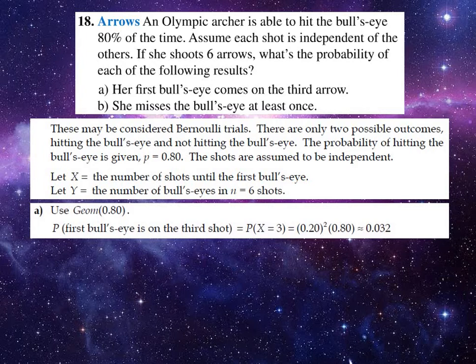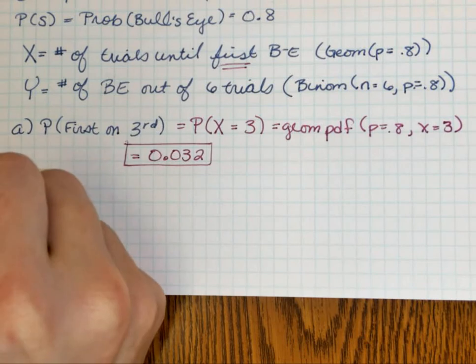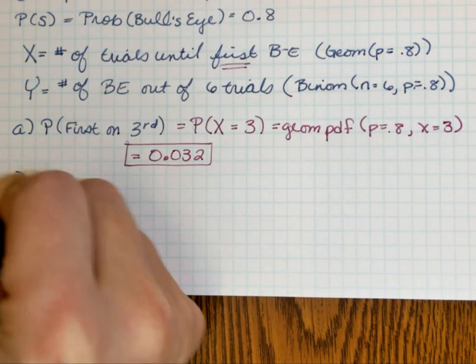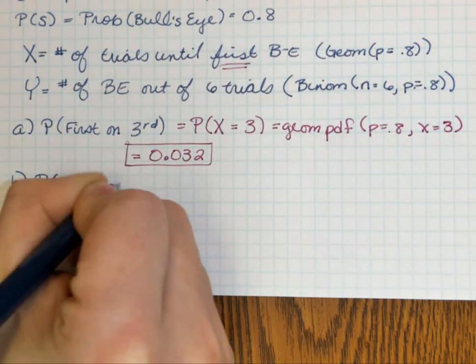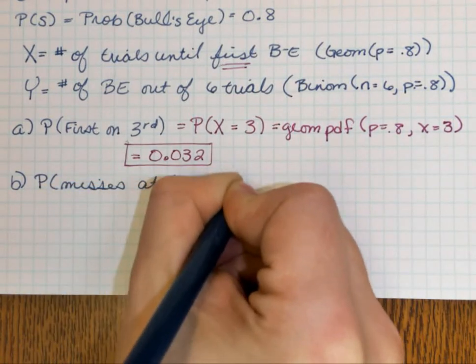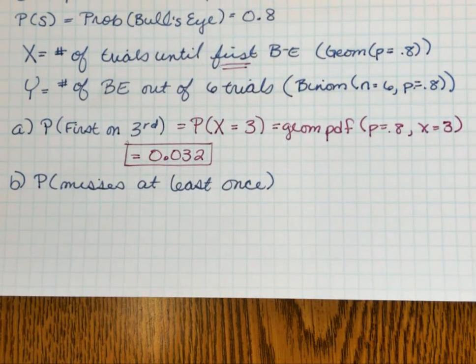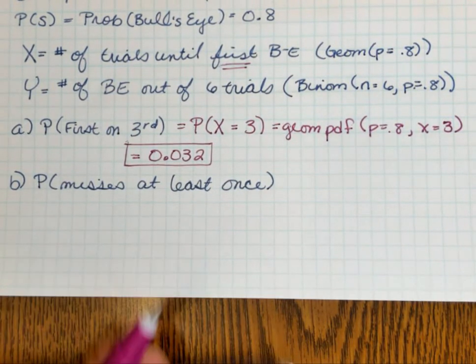Now, for part B, it's asking you what? Misses at least once. So when I'm talking about that, is that X or is that Y?